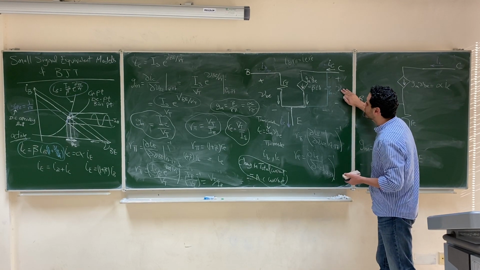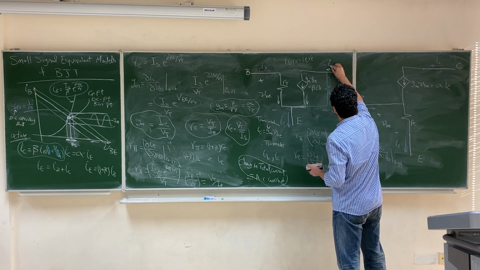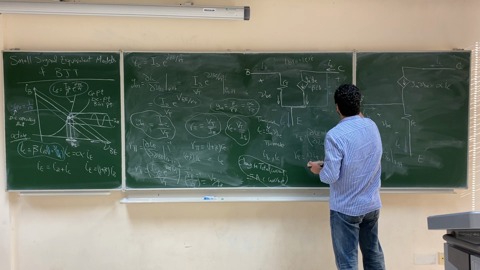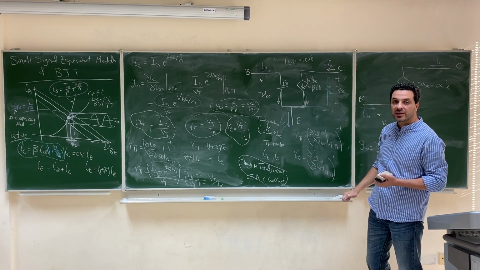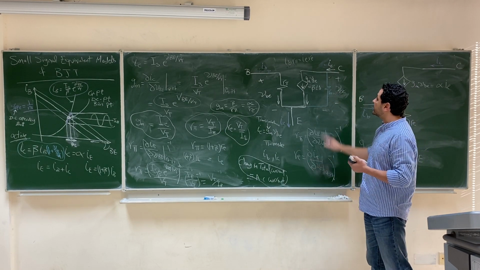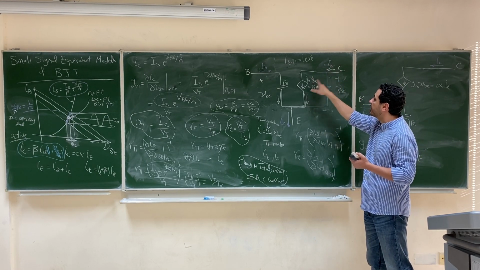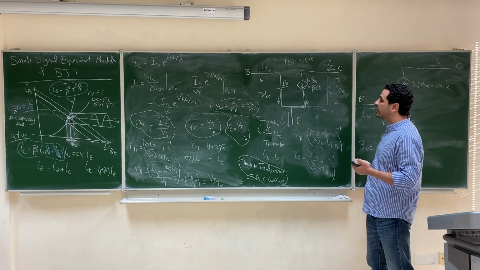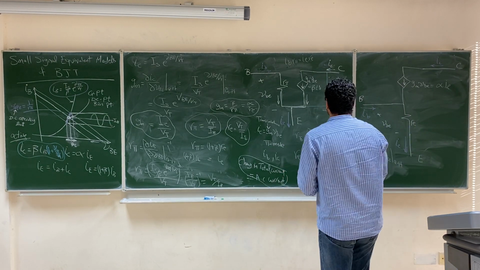Of course, we are talking in the models about AC components only, so it should be all small letters. So here, the AC component of the current of the collector has two components. One component dependent on VBE, and the other one dependent on VCE, and the total current of the collector will be the summation.